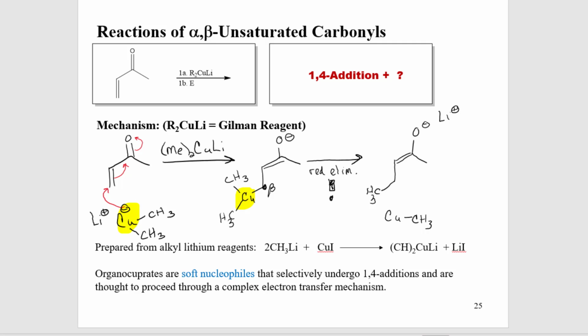Sometimes what I used to do is tell my students to just pretend one of the methyls is the nucleophile, but understanding that the copper is really the nucleophile will help you when you're trying to figure out when to go 1,4 and when to go 1,2. But if you just think about this reaction as adding one of the methyls on at the 1,4 position, you should be fine, because we get to this same position.